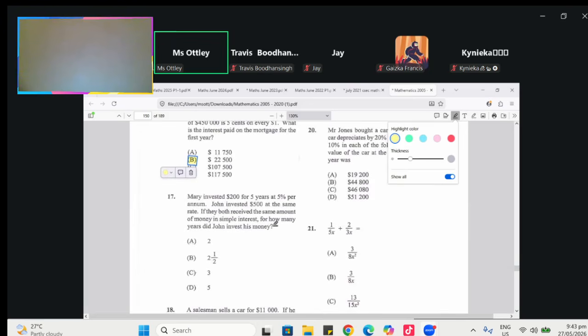Number 17, Mary invested $200 for 5 years at 5% per annum. John invested $500 at the same rate. If they both received the same amount of money in simple interest, how many years did John invest his money? So this would be a two-part working question. We need to find out, firstly, what is the interest, and then use that interest amount to calculate the time for John.